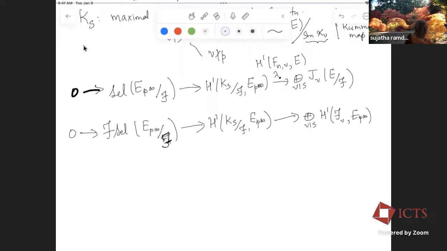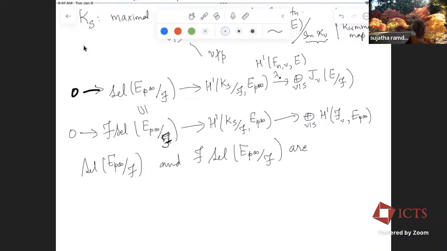So then, of course, the fine Selmer group is going to be a sub of this. And I treat these as Iwasawa modules. So all of these are modules: Selmer, E[p infinity] over F, and the fine Selmer, E[p infinity] over F, are finitely generated discrete modules over Lambda of Gamma, and of course Gamma is isomorphic to Z_p.